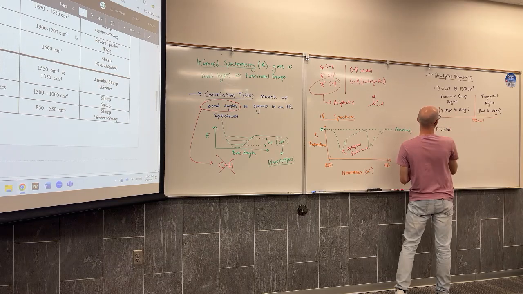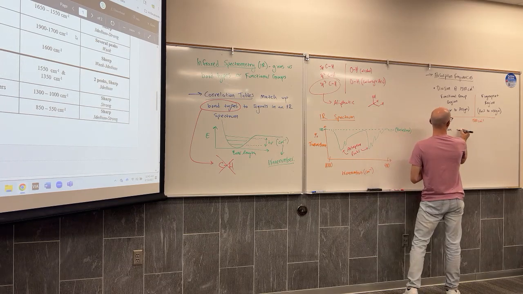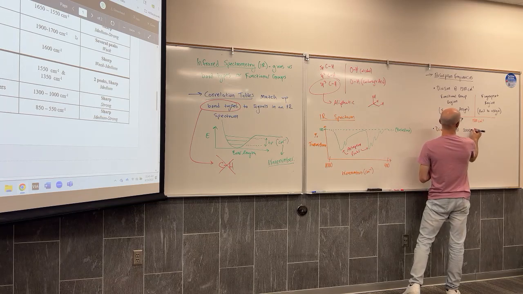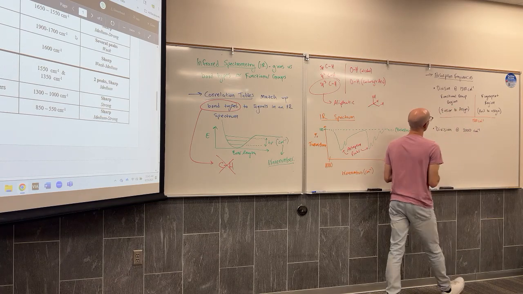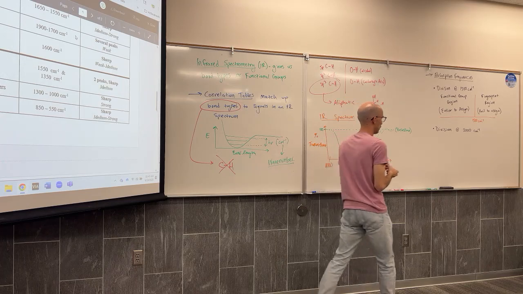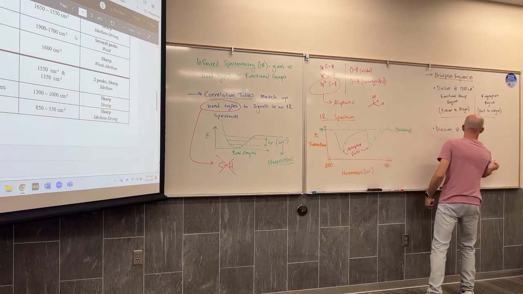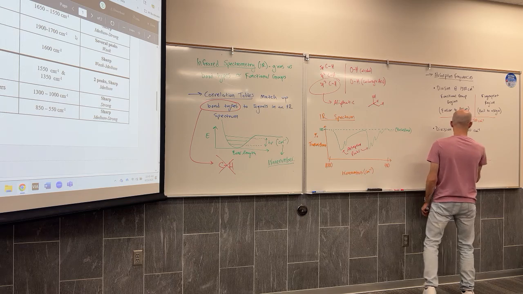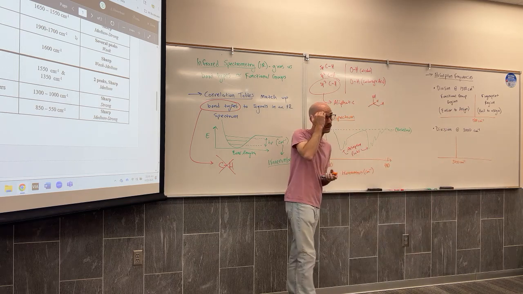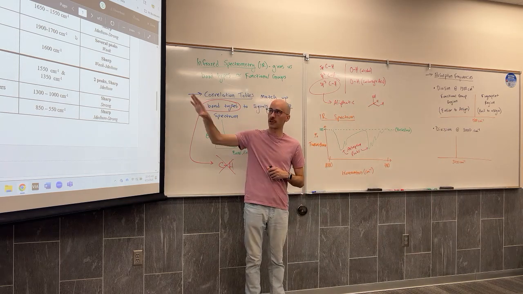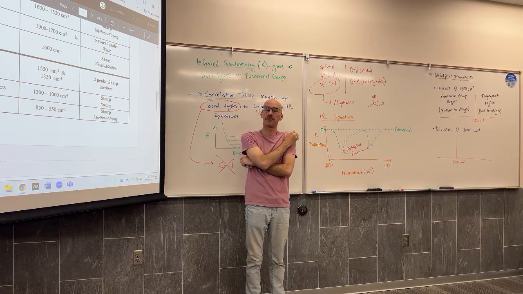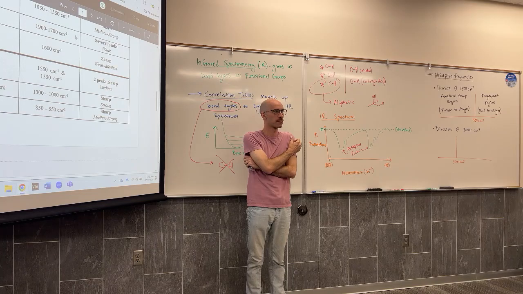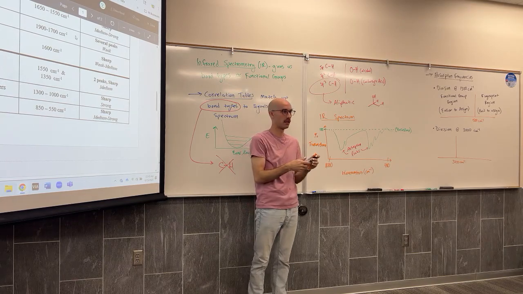I also want to take you to a specific division at 3000 wave numbers. I showed you guys that some bond types cannot be distinguished based on where they absorb, but some can, very luckily.